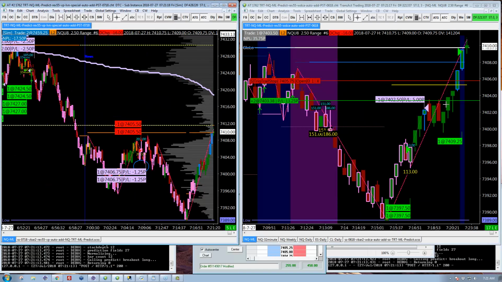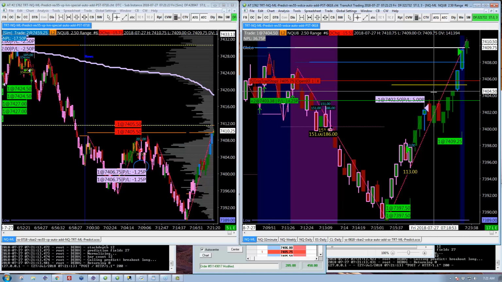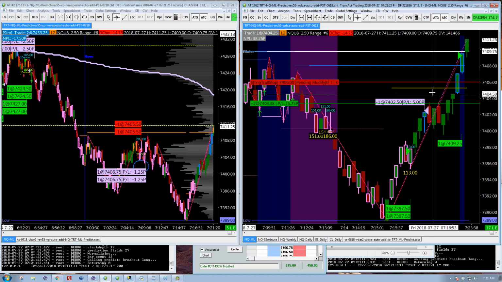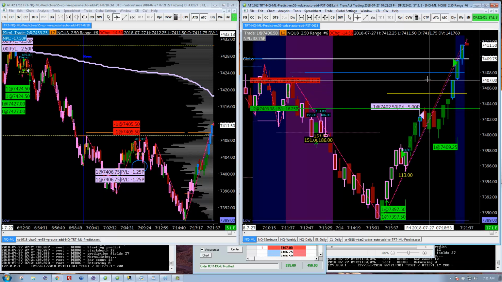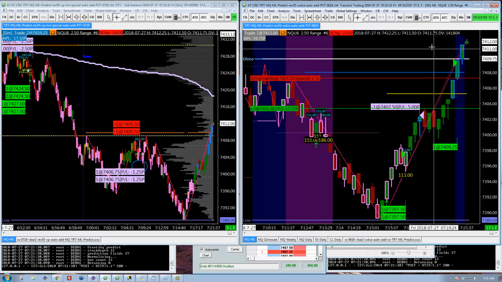Or are we gonna break through it? And it looks like I added right there on the break. Okay, so now I've got two contracts. The system moves the stopped entry to break even, and now we start trailing by 20.